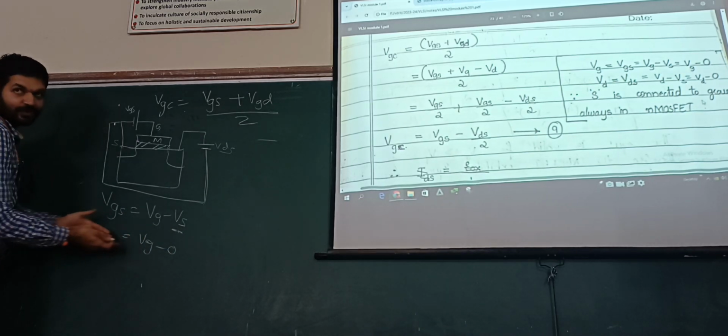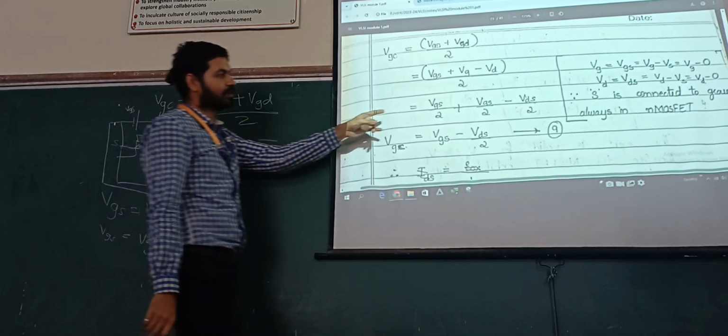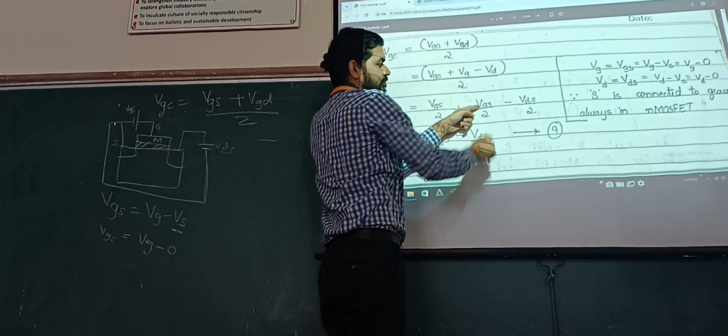Therefore VGS equals VG. In the circuit, VG minus VD is there, and VG means it is VGS only.